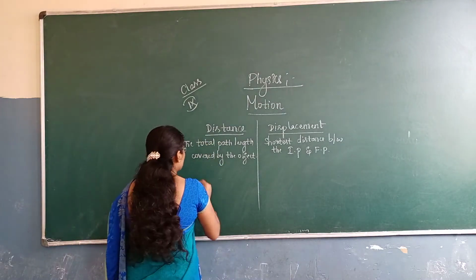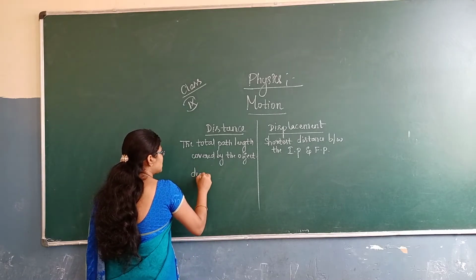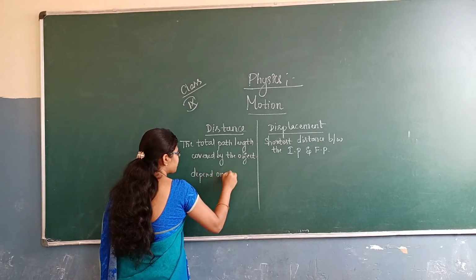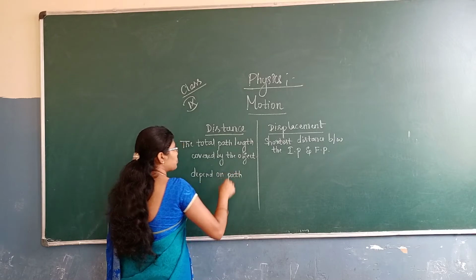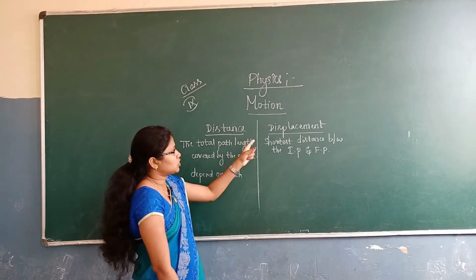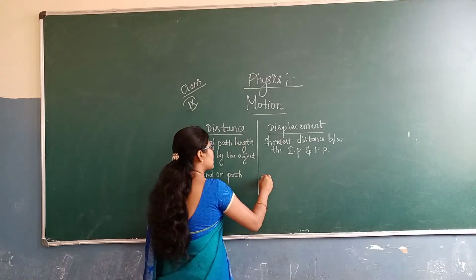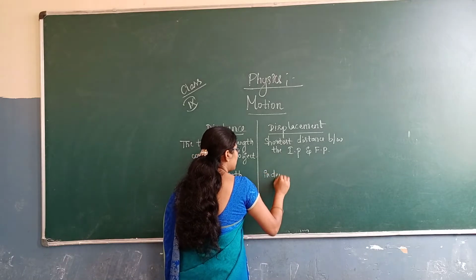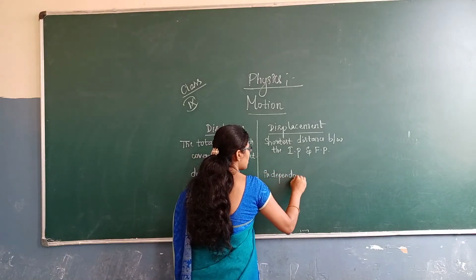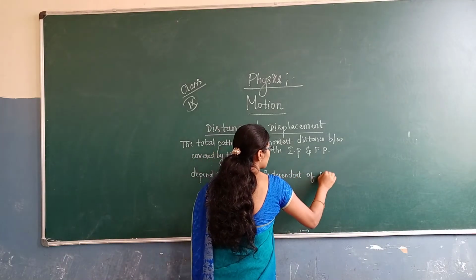The next important point is that distance depends on the path. Displacement, on the other hand, is independent of path.